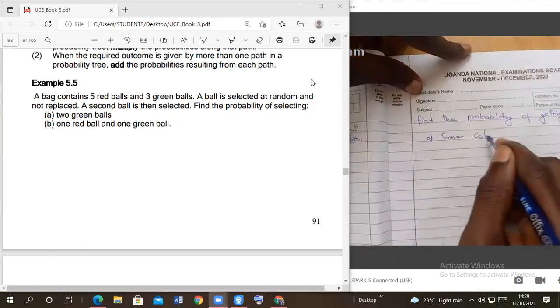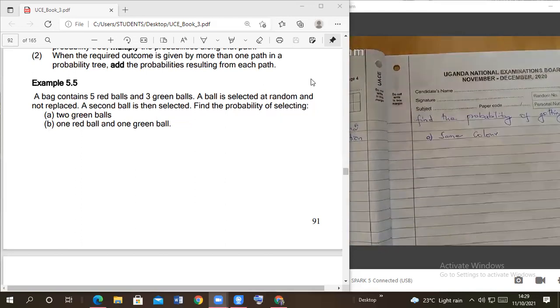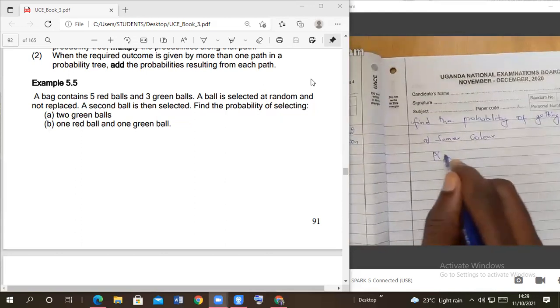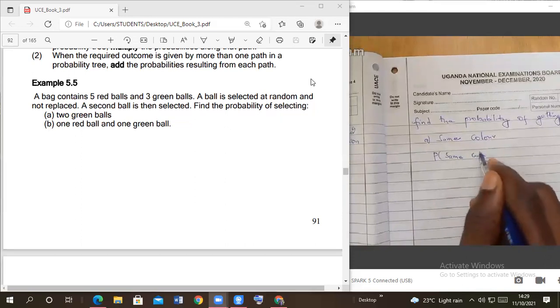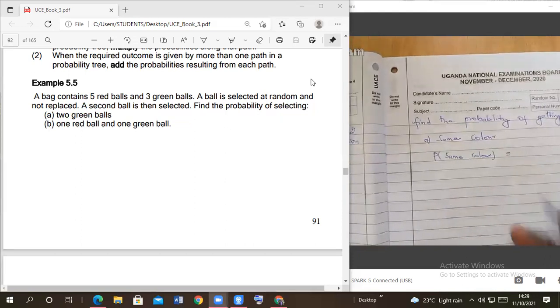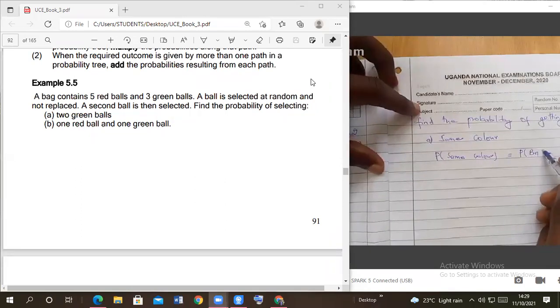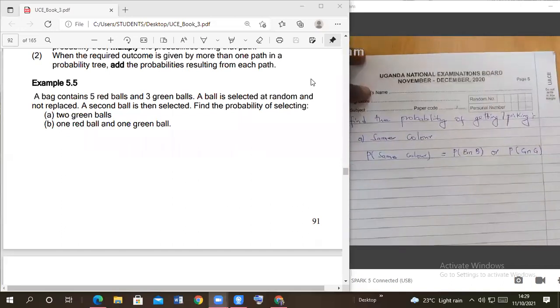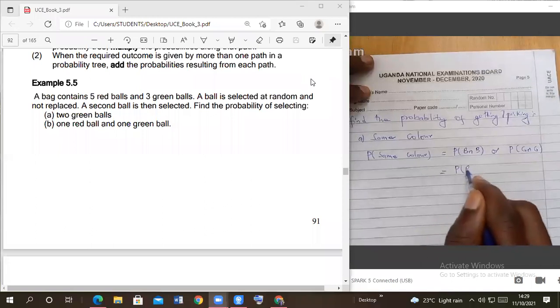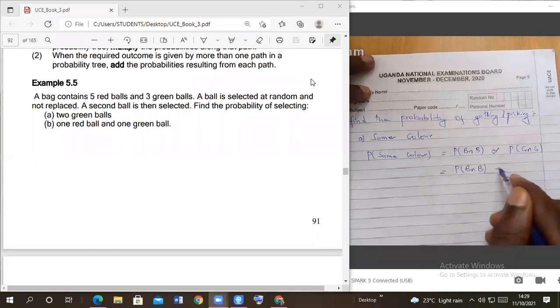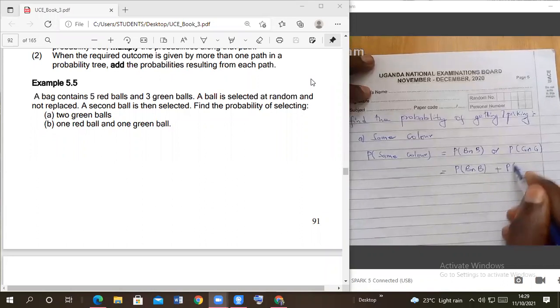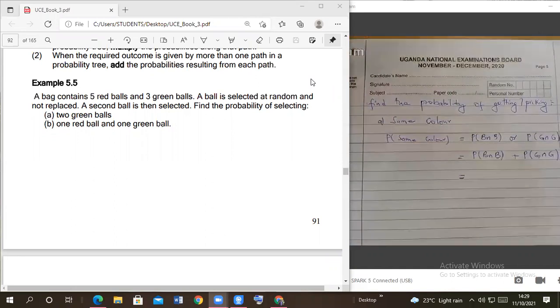So the probability of the same color will be the probability of getting blue and blue, or green and green. Which means B intersection B, plus, I said or means addition, green and green.